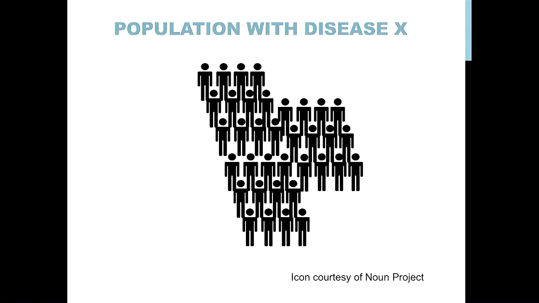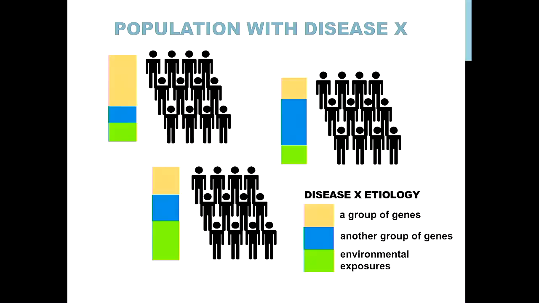So for instance, we have a population with a disease, which for today I'm calling disease X. Within this larger population, everyone of which has disease X, you might have some subpopulations.